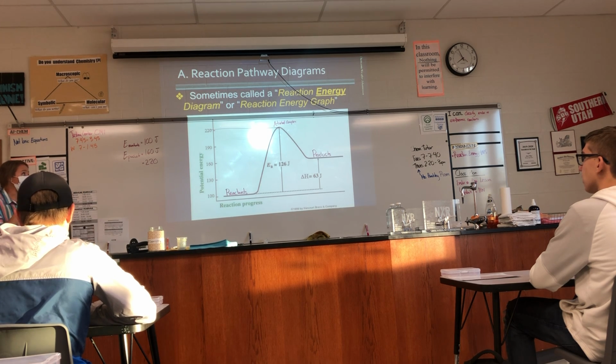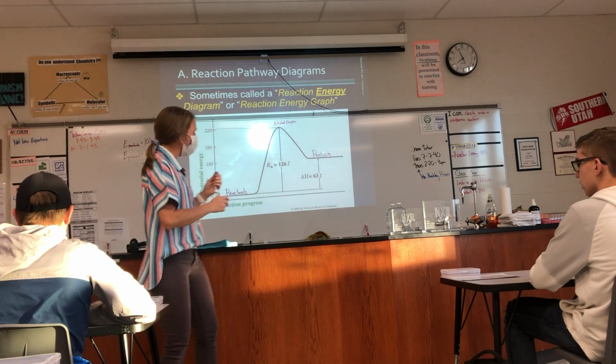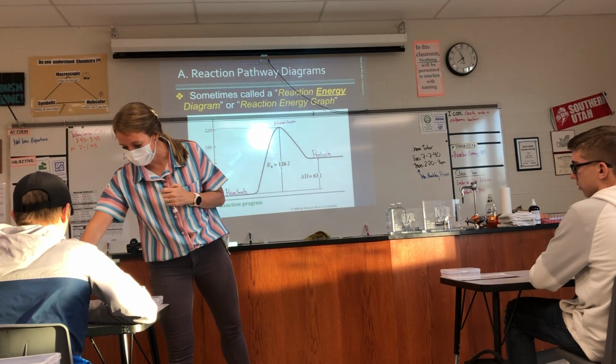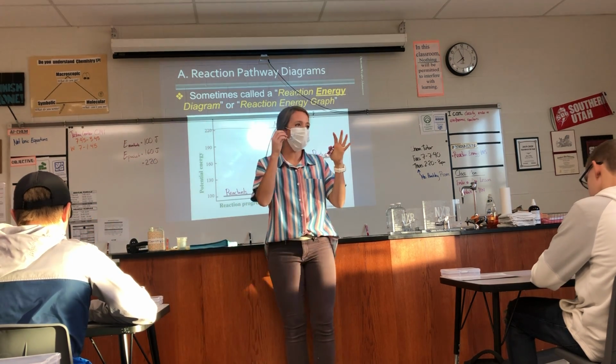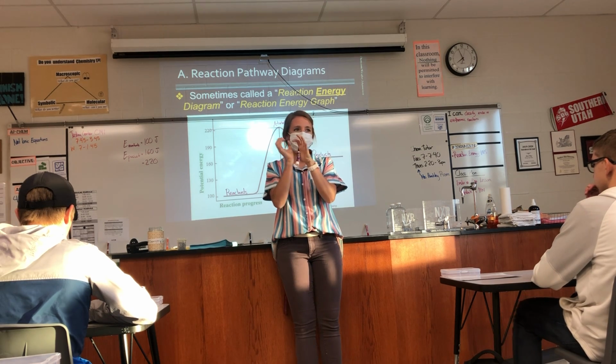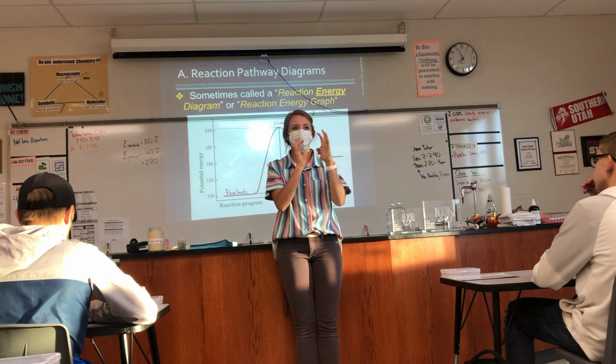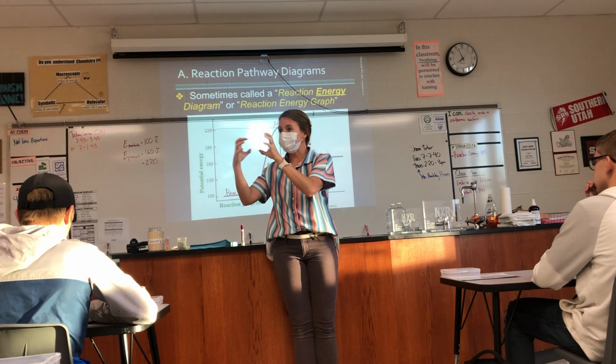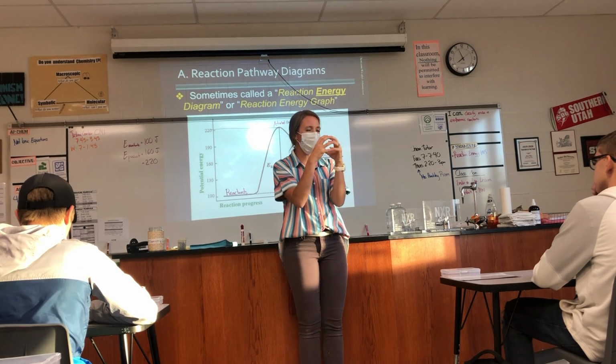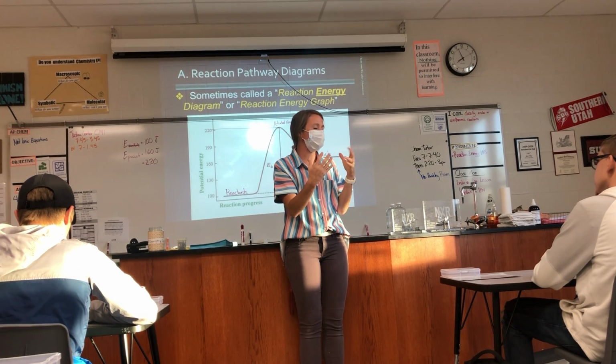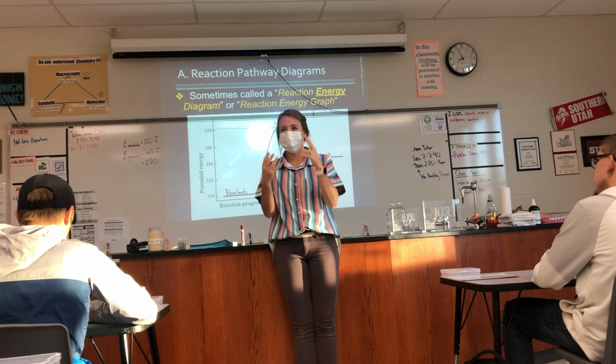Okay, now what the activated complex is, it's the point in the reaction. You can kind of see it better on yours because there's little pictures of molecules. It's the point at which the bonds of some start breaking and new bonds start forming. So kind of like some of these Legos start unlinking and they start linking together, but it's not quite finished yet. It's a very unstable position.